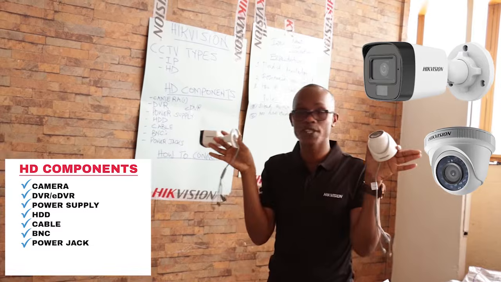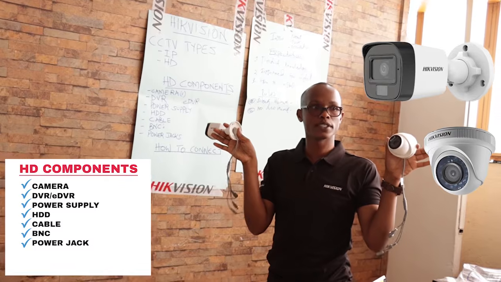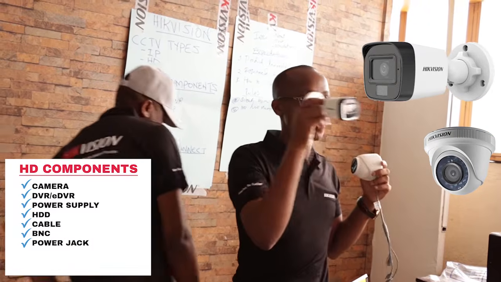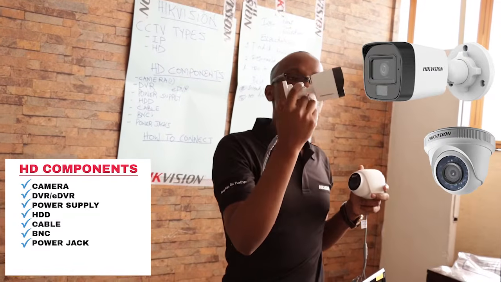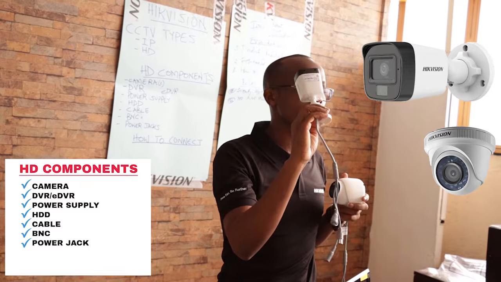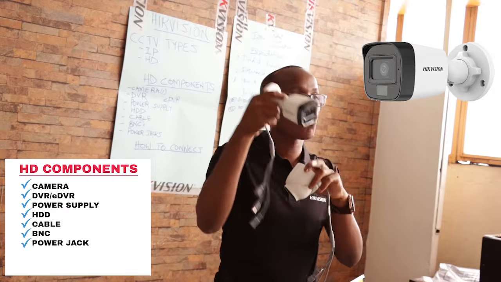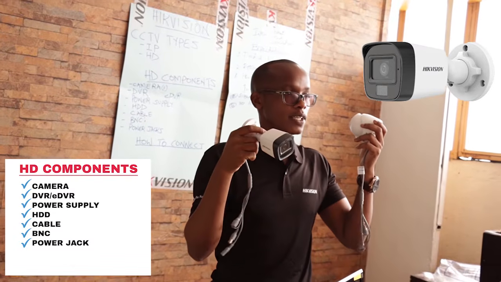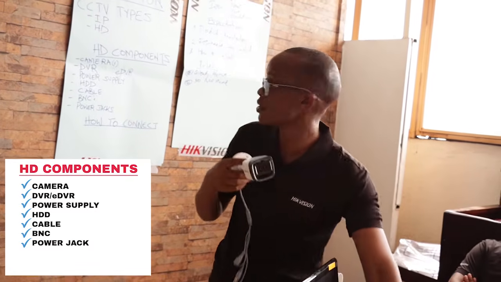If it is in a room and placed in a corner, it can watch all the corners, a bigger angle. So this one has a wider angle, and that one in most cases has a longer range. Also, sometimes we have a difference in the hardness rating. If this one is hardier, it can survive outside more than this one. But that will be discussed when we talk about the products in depth.